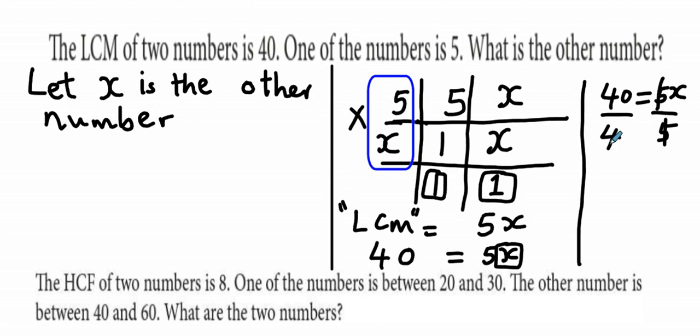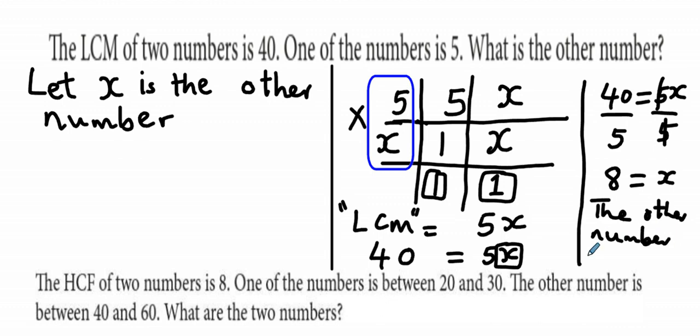Divided by 5, divided by 5. So 40 divided by 5 will be 8, equals the other number. So in conclusion, the other number is 8.